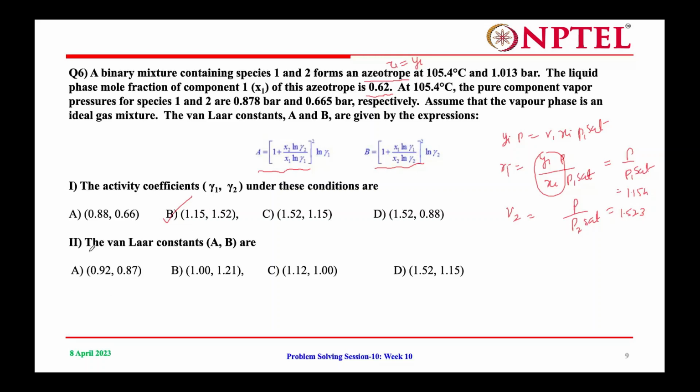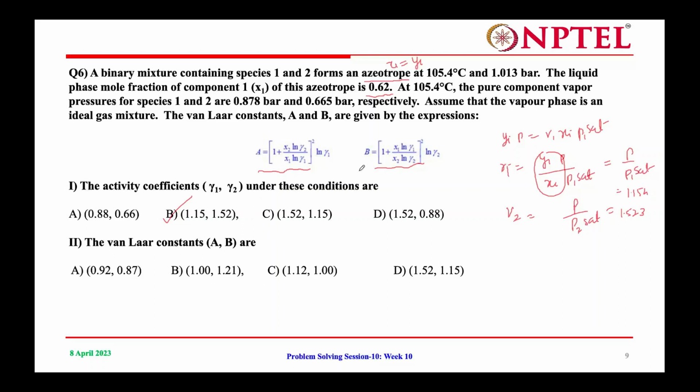Now part 2, we have to calculate the Van Laar constants A and B. So we know all the variables' values, gamma 1, gamma 2, x1, x2, and put all these values in the equation.